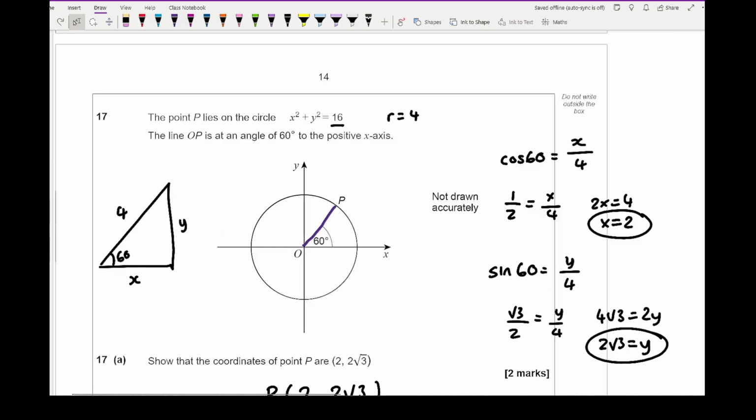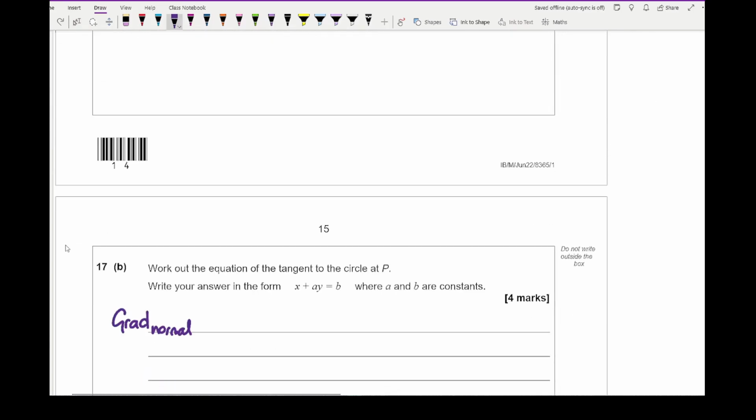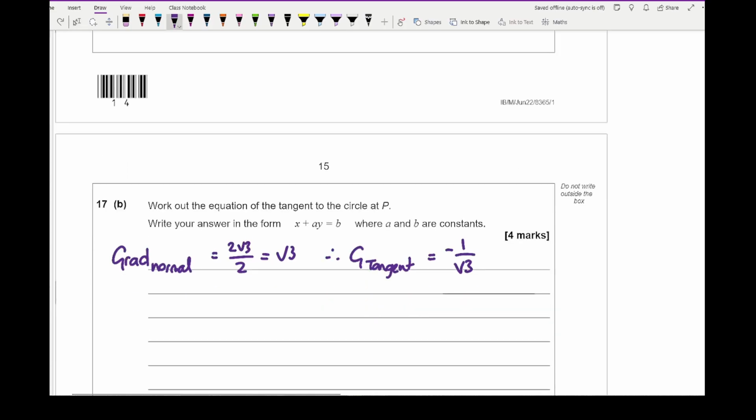So we want to work out the gradient of that purple line. Now if you know that this is at 2 and this point here is 2 root 3, then the gradient is the distance going up, which is 2 root 3 over 2. So that's going to be root 3. So that means that the gradient of the tangent, which is the negative reciprocal, is going to be minus 1 over root 3. So that's my m value.